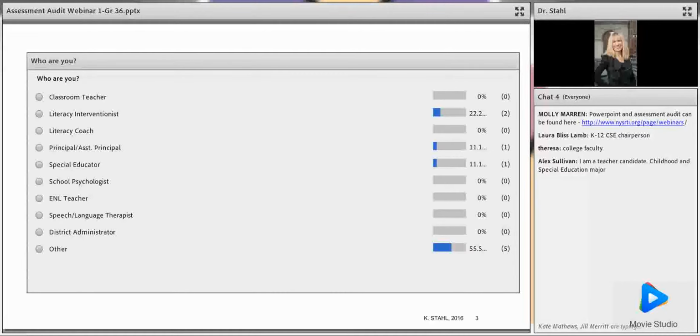Okay, and so let me just also mention, we really do have a wide range of folks here, and a principal, special educator, as well as a literacy interventionist, and principal, and it doesn't look like we have any classroom teachers, so that's very interesting.